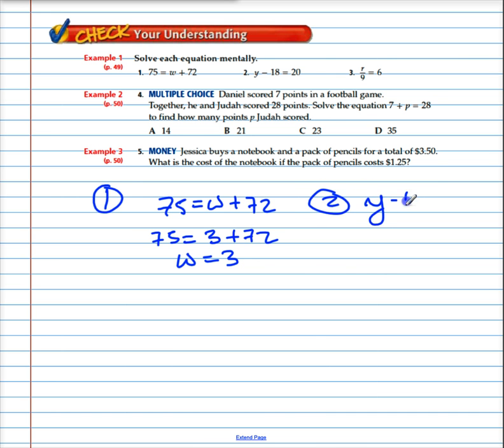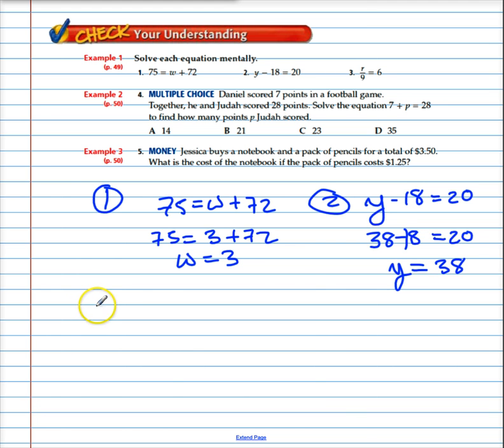Y minus 18 equals 20. We know that 38 minus 18 equals 20. Therefore, Y must be equal to 38.